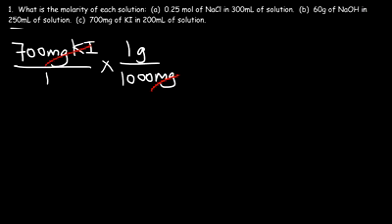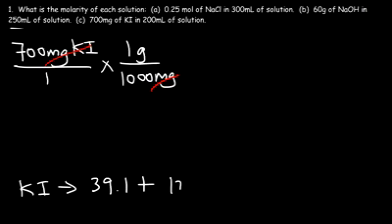And now we need the molar mass of KI. The atomic mass of potassium is 39.1, and the atomic mass of iodine is 126.9. So the sum is 166 grams per mole.